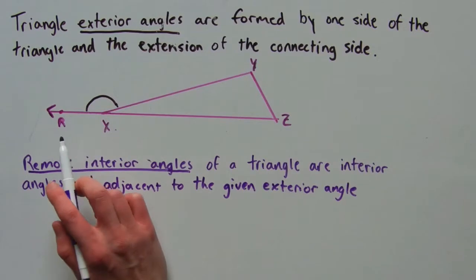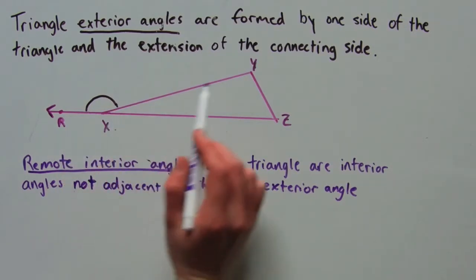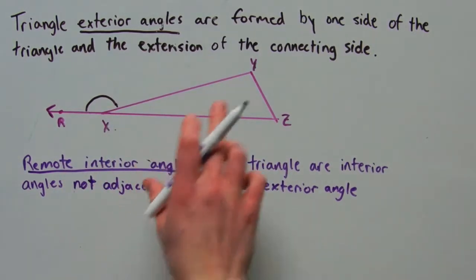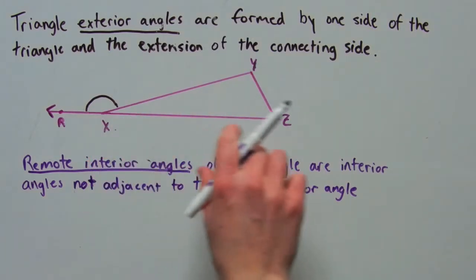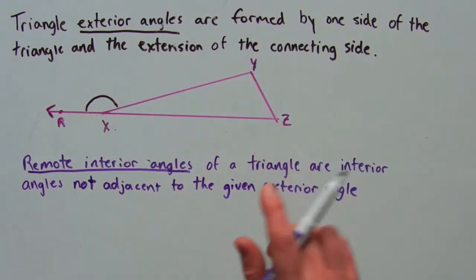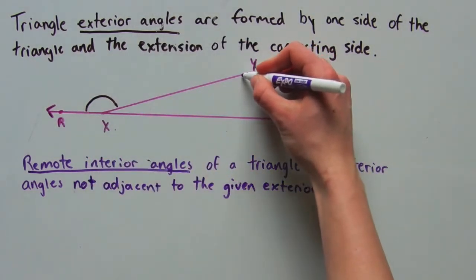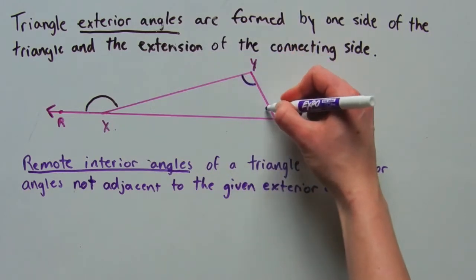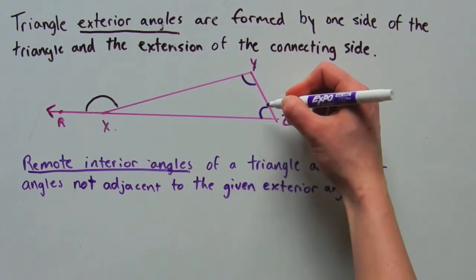So if our given exterior angle is RXY, the angle adjacent to that would be angle YXZ. So our remote interior angles would be angle Y and angle Z.